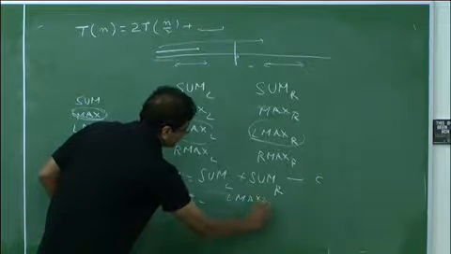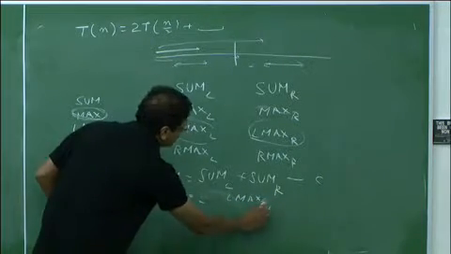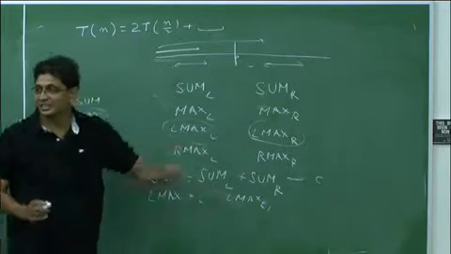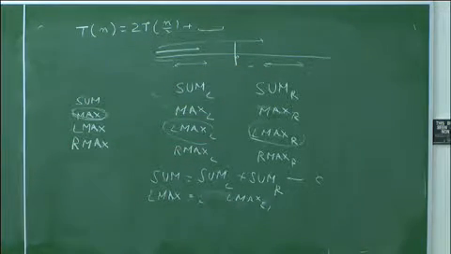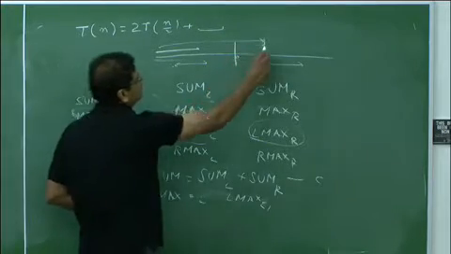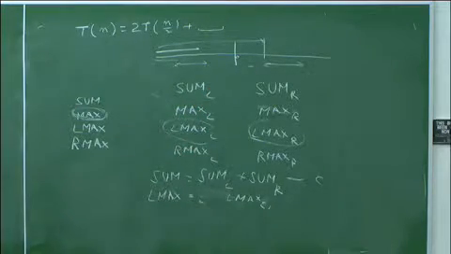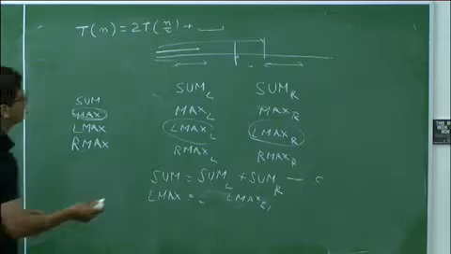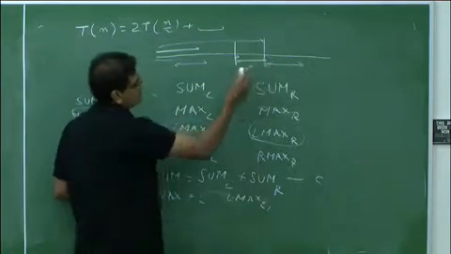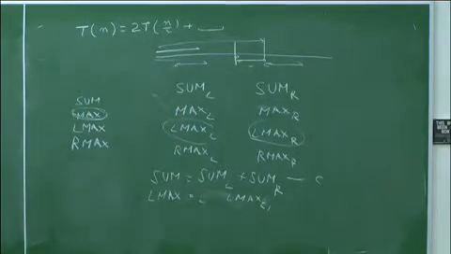But there is also a scenario where the sequence ends over there. Now, if it ends there, what can I say? What will be this value? It is sum of L plus L max of R, because if it is ending here, this better be the maximum among all of those values.